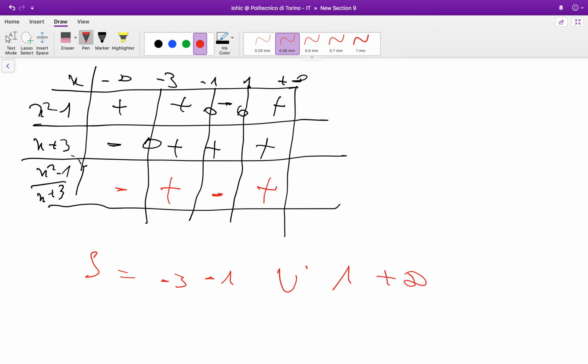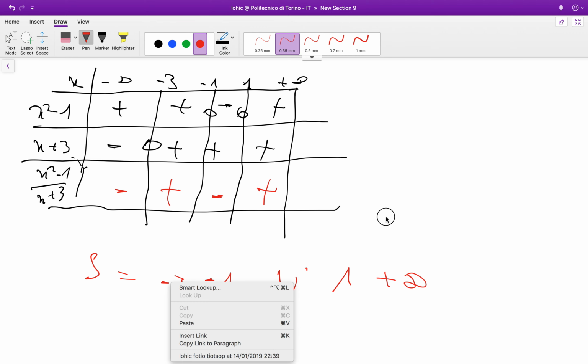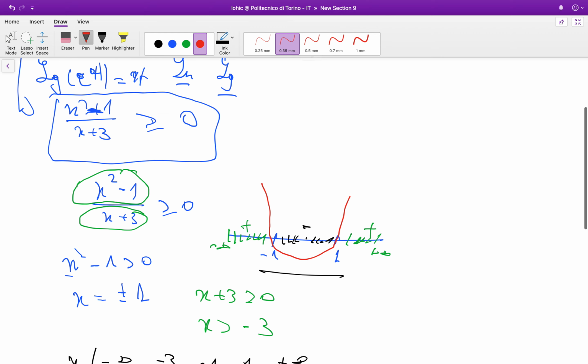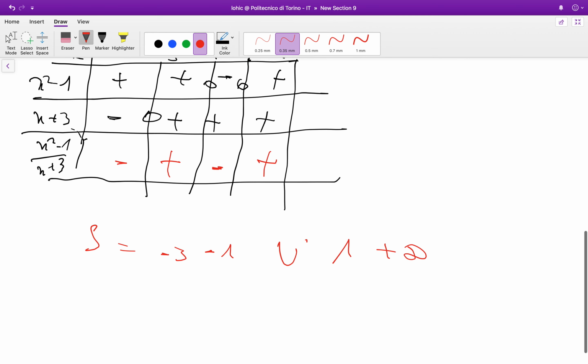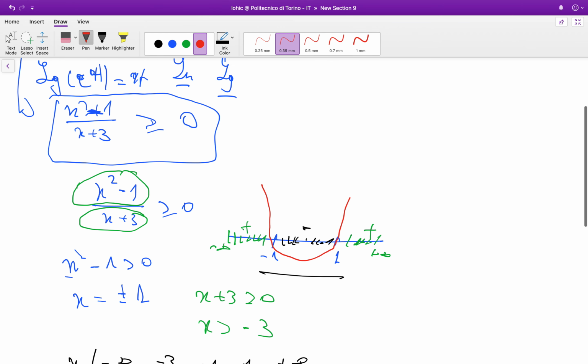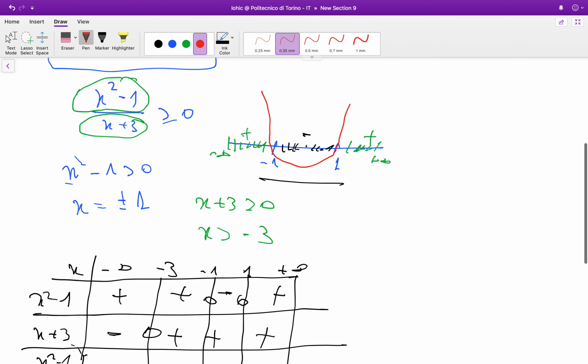Now I need to know if I should close or open. If I try to put -3, I will divide by 0, which is impossible, so open. I put -1, I get -1 squared minus 1, which is 0. So 0 greater or equal to 0, it is good, right?